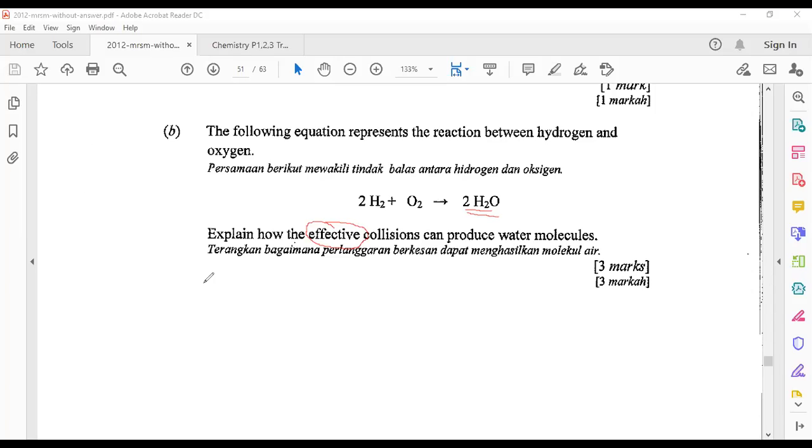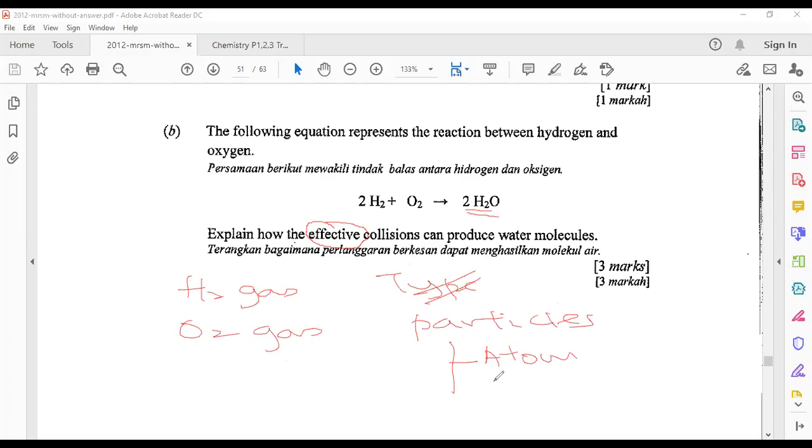Okay, now our friend said hydrogen gas and oxygen gas. But I am asking for the type of the particles which collide with each other. When I am talking about particles, your answer must use the word atom, ion, or molecule. Can you follow? So what are the particles for the hydrogen gas?